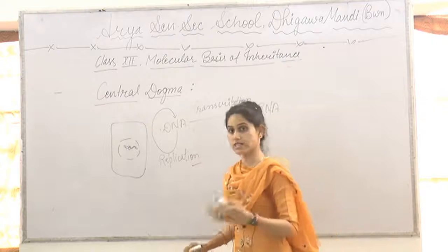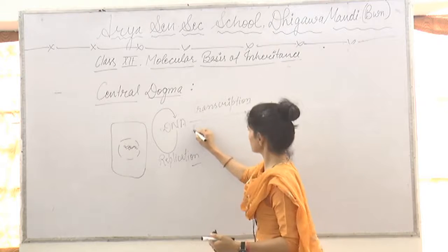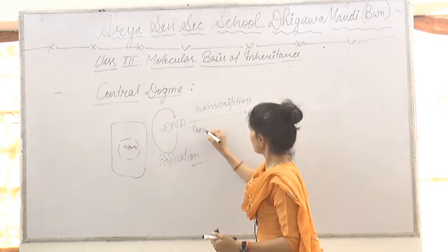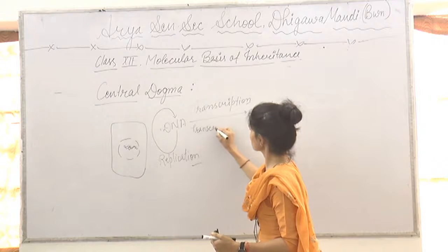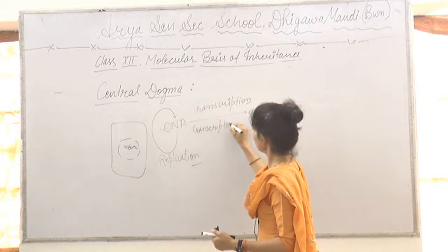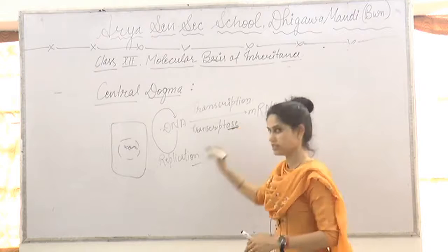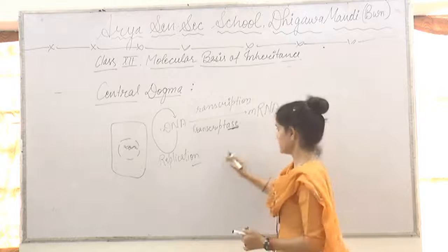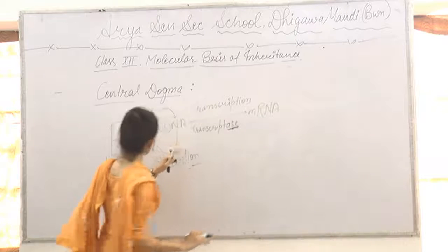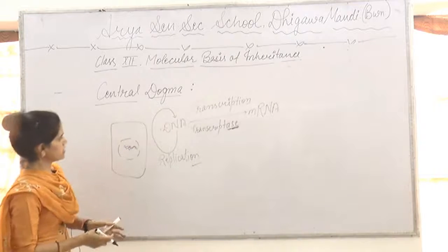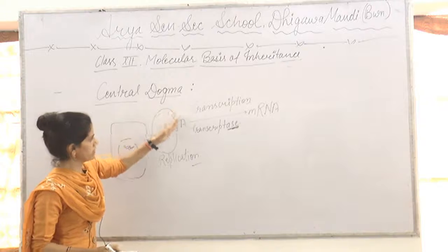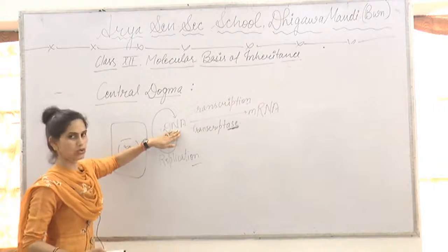And this happens with the help of an enzyme known as transcriptase enzyme, the -ase. Wherever you see -ase, it means an enzyme. So DNA, within the nucleus, first undergoes replication and forms its own copy.